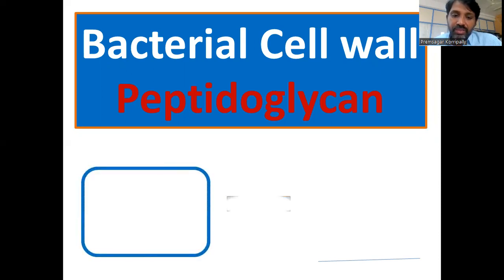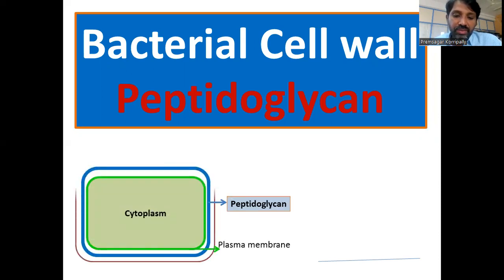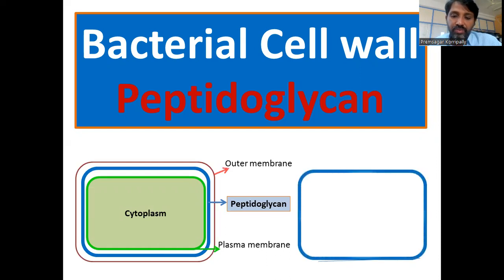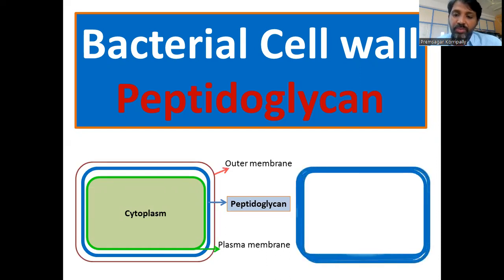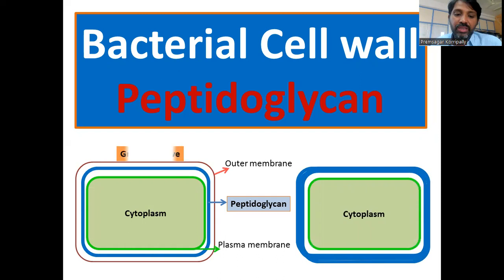Here you can see a few diagrams where I want to show the thickness of the peptidoglycan, or cell wall, between gram positive and gram negative bacteria. You see, gram negative bacteria have three layers: an outer membrane, which mainly has lipids, then the peptidoglycan, that is a thin cell wall, then a plasma membrane.